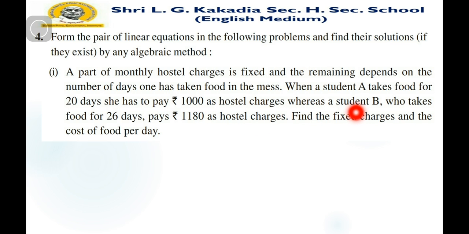Whereas a student B who takes food for 26 days pays rupees 1180 as hostel charges. According to student B, he takes the food for 26 days, means 1 day fixed and 25 days at the per day charge, and he paid 1180 as hostel charges. Find the fixed charges and the cost of food per day.